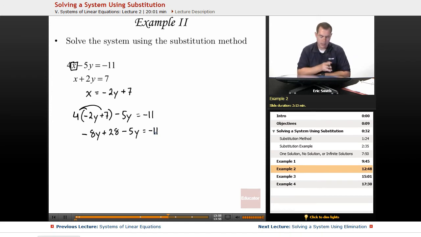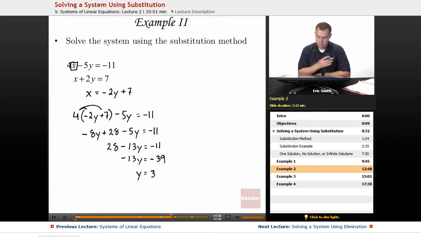So let's see what I got here. -8 minus 5, putting those together, I'd end up with -13. Subtracting 28 from both sides, I'd end up with -39. And finally, dividing both sides by -13, I get that y is equal to 3.